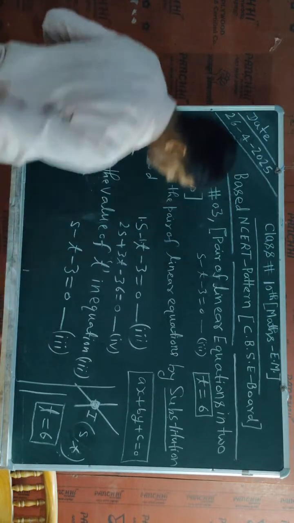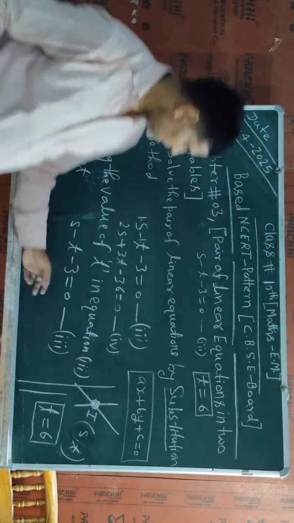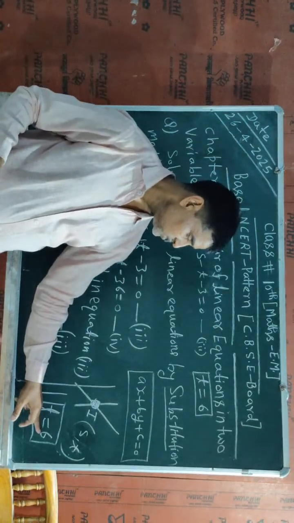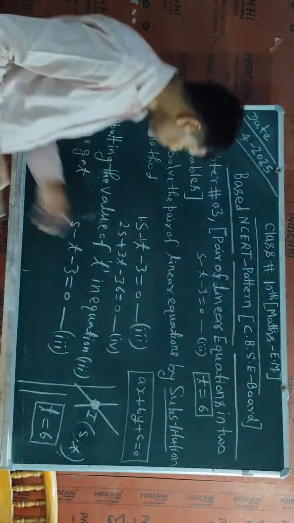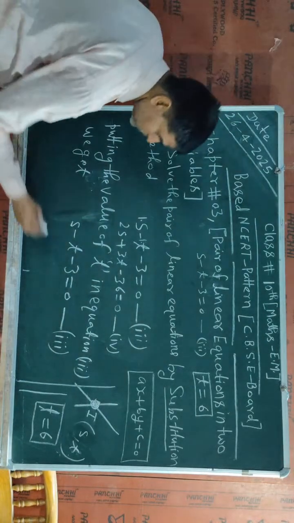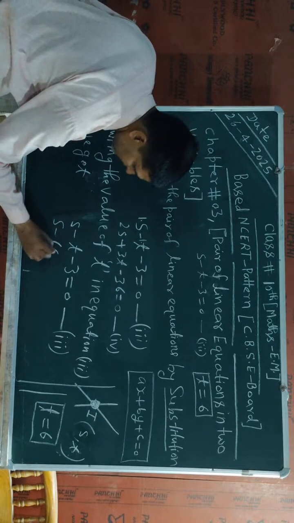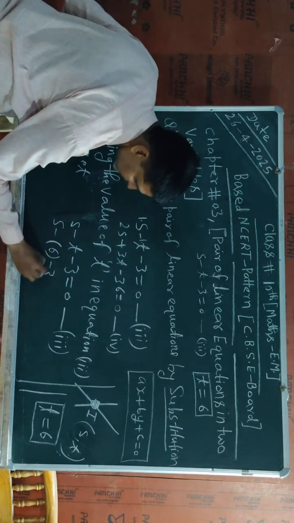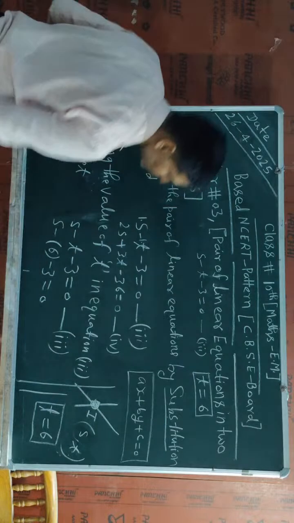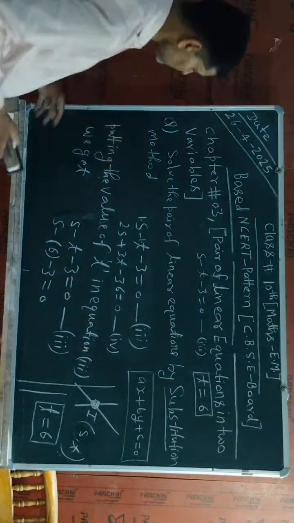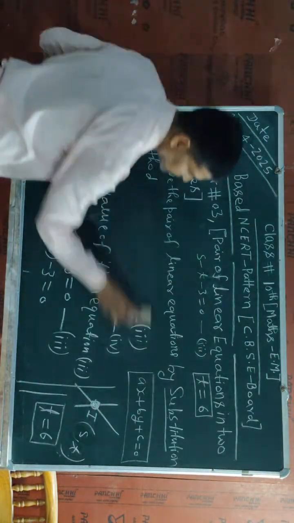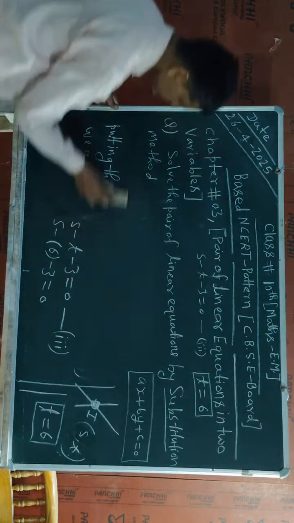Okay, student. Now in the place of t, I will put the value of t, which is equal to 6. So after putting, I will get its value. That is s minus t; in the place of t, I will put 6, minus 3, which is equal to 0. Okay, student. I am going to erase the above data for further calculation.